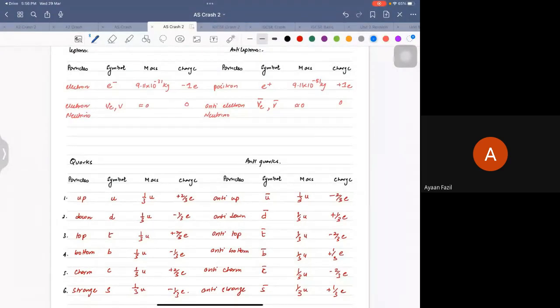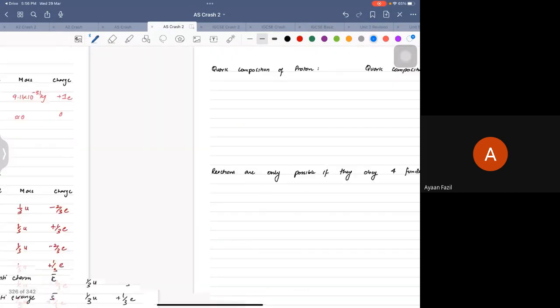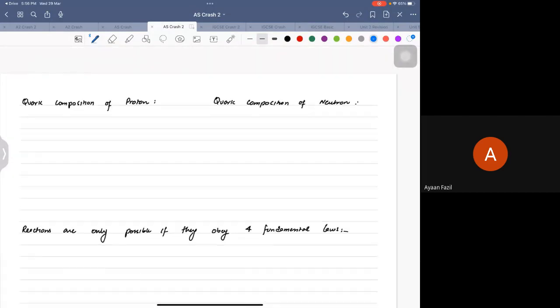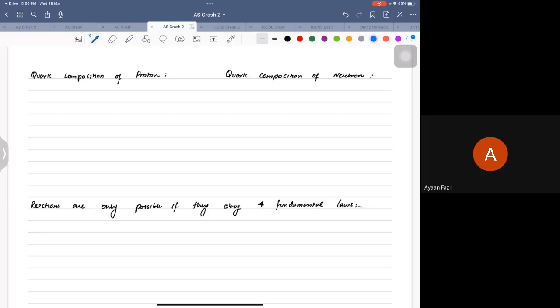So, going to the next, all right? Then you have the core composition of proton and neutron. You need to remember this. For proton, it is U, U, and D. For neutron, it is U, D, D. So it's basically made from three quarks. Can I ask you which family they belong to?